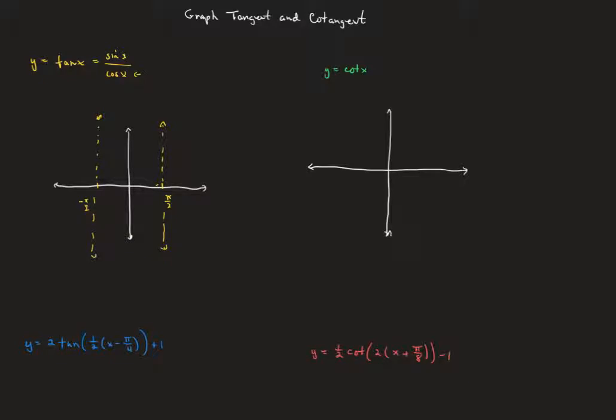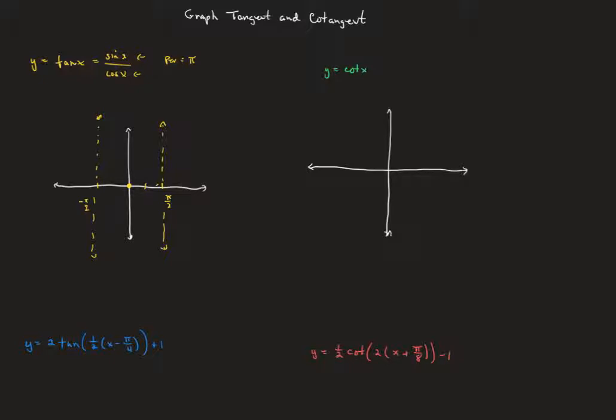And I'm going to think of those as being the beginning and ending of a period. Now, it will be equal to 0 when the numerator is 0, and sine is 0 at 0. So I'm going to say the tangent starts in the middle. Now, we know that a normal period for tangent, and for cotangent, is going to be pi.